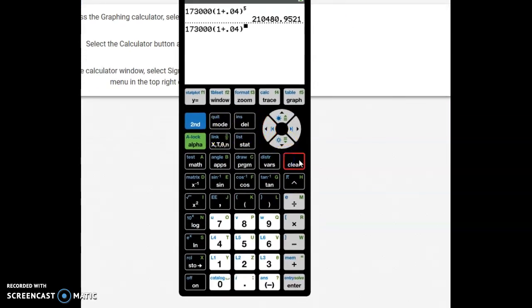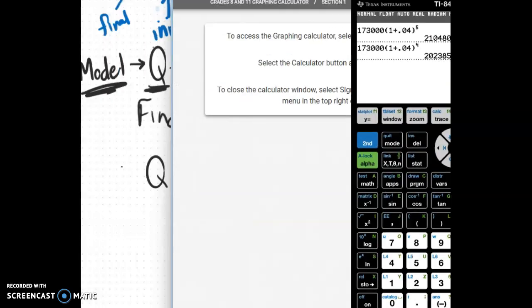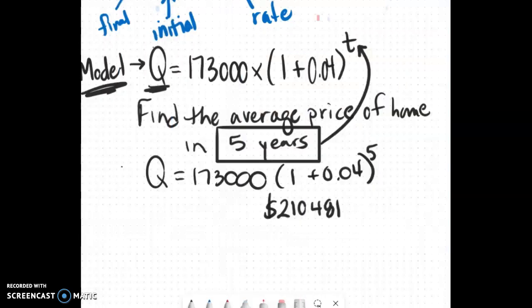Second and then the enter button brings down the previous entry so that you don't have to retype it. And then you just arrow back and change this to a 4. And so this is the price in 4 years, $202,386 when I round. And you would do that for each one, and you fill in the rest of your table.